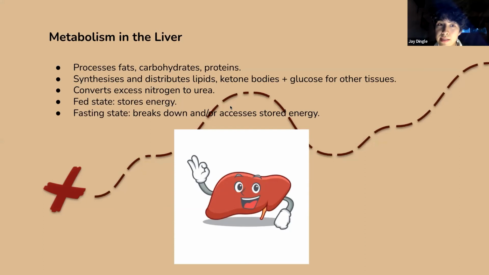It will synthesize and distribute lipids, ketone bodies, and glucose for other tissues in your body. It will convert excess nitrogen to urea, which is super important. And in the fed state, so if you've had some food, your liver will store this energy, but when you're hungry and you're fasting, it will break down this energy by accessing your stored energy reserves.